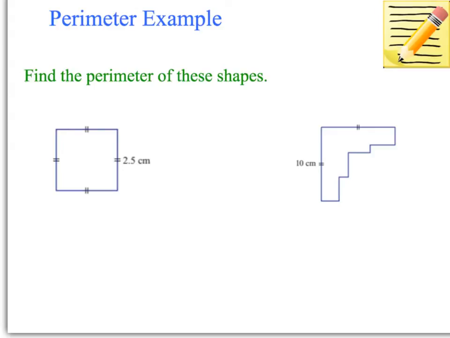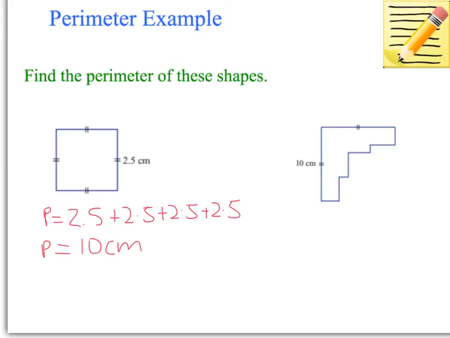They're all the same length. So when we're doing this, you could actually just multiply it by 4, but we'll just add them. 2.5 plus 2.5 plus 2.5 plus 2.5. So the perimeter equals 10 centimetres when we add all those up.